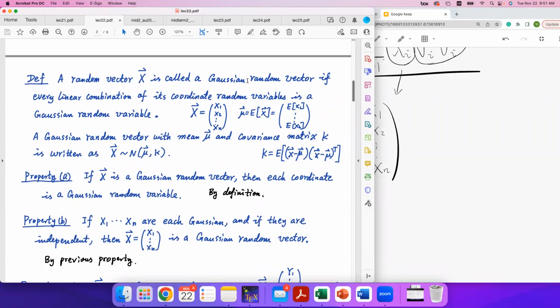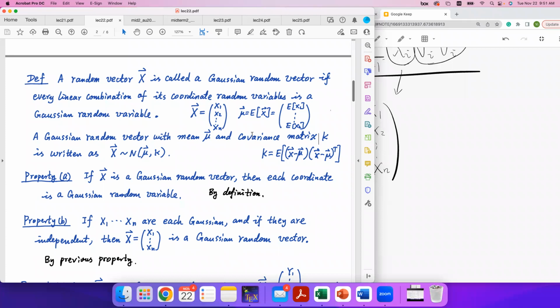And for Gaussian random vectors, we have two statistics. One is the mean vector, which we denote as mu, which by definition is the coordinate-wise mean of this random vector. And the other statistic is the variance.